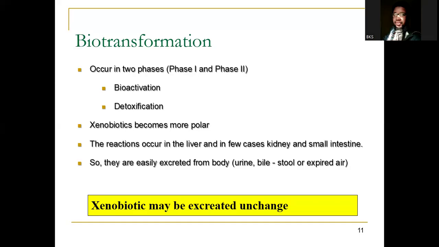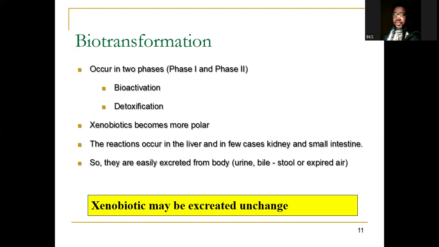But in the process, you can have activation or deactivation. It depends. When I say bioactivation, in most cases when we are dealing with a drug, for example, it's activated.